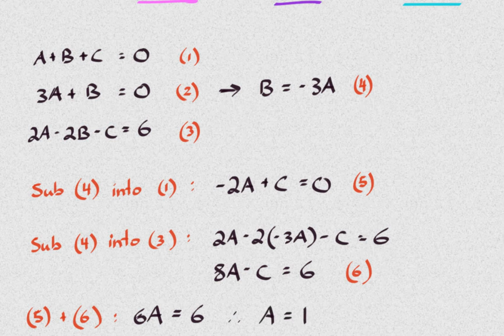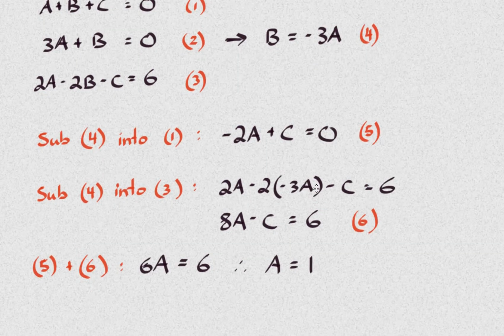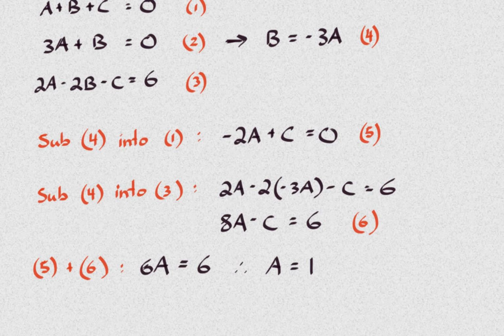a must be 1. Once we've got one of our variables, everything else falls into place really nicely. We can see back here that b is just minus 3 times a. So very easy to see that b must be minus 3. Okay, so that's from the fourth equation.